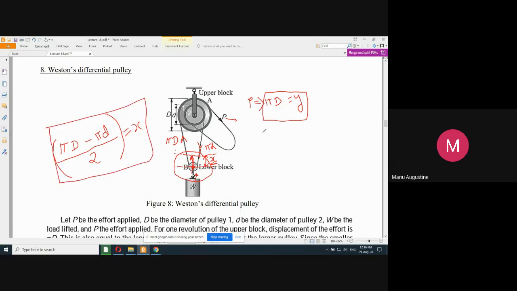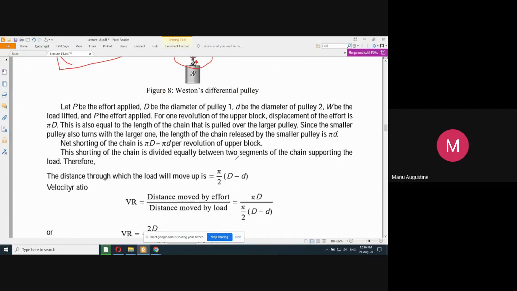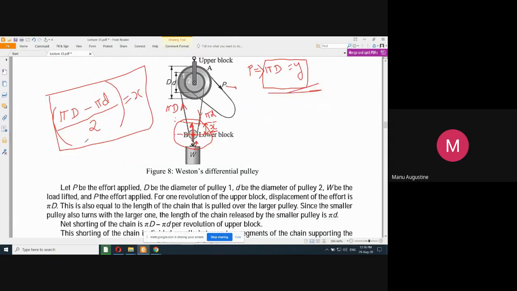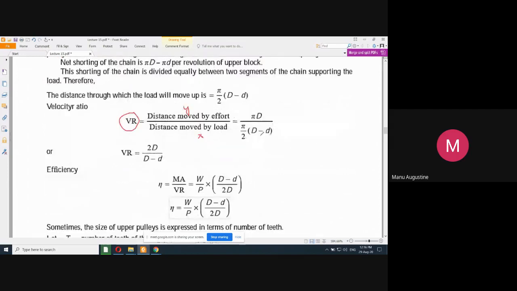And if you look at the relation of velocity ratio, because velocity ratio is exactly what we are after, velocity ratio is distance moved by effort, that is y, divided by distance moved by load, that is x. So the ratio of y by x as determined here will be pi D upon this.